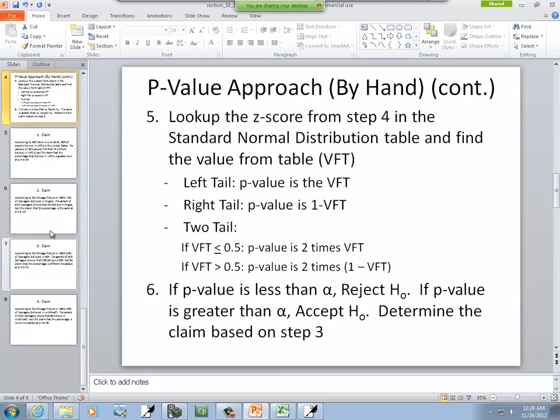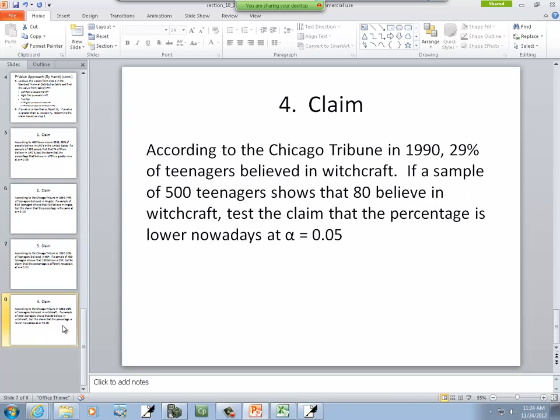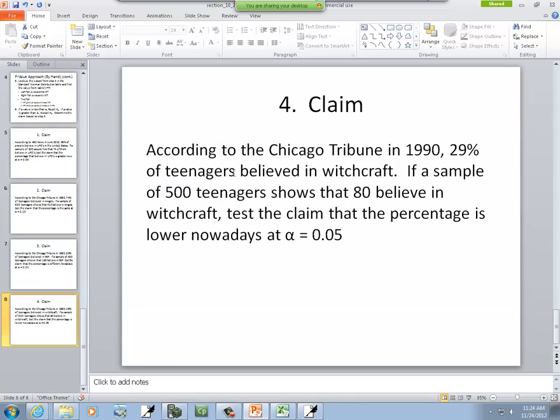Let's look at our fourth example. Okay, according to Chicago Tribune in 1990, 29% of teenagers believe in witchcraft.